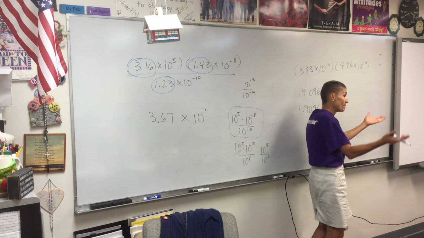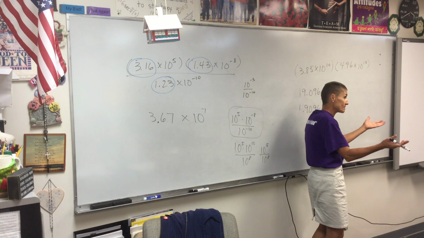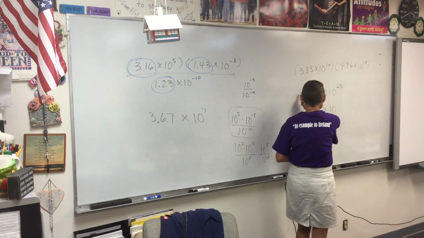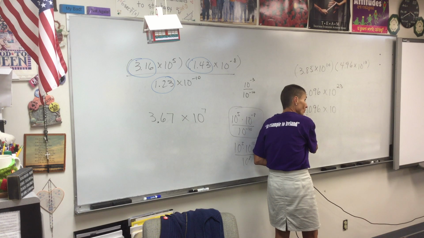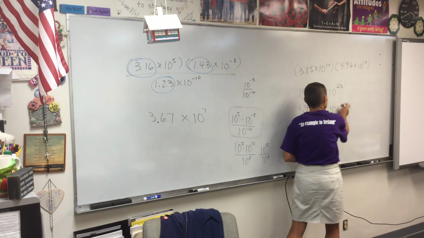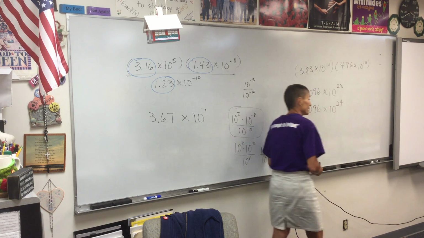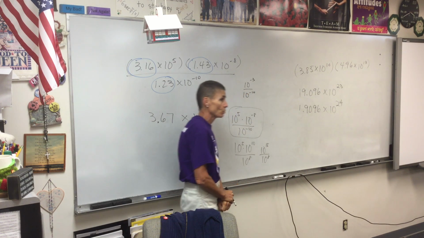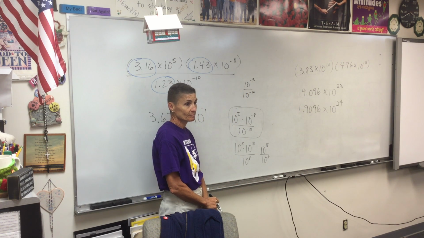Make it bigger to keep everything in balance, right? So if this came down 1 decimal place, this one's going to go up 1 decimal place, and it's 10 to the 24. Okay?